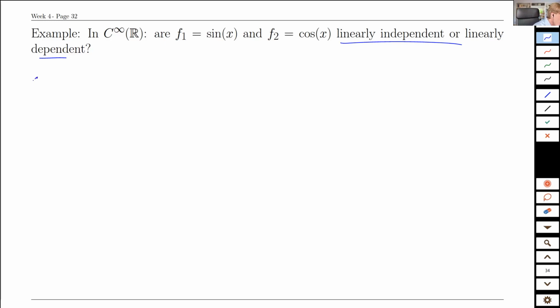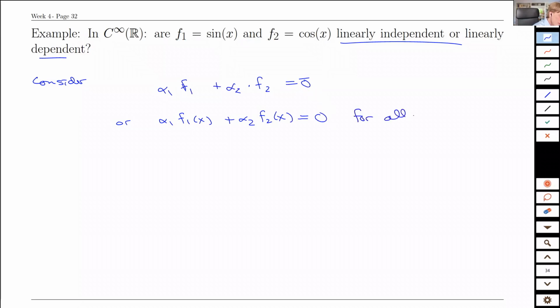So we would consider the equation alpha 1 times f1 plus alpha 2 times f2 equals the 0 element, right? Same equation for linear independence. Or we might call this alpha 1 f1 of x plus alpha 2 f2 of x equals 0. And the way we go from here to here is for all x's in the reals.